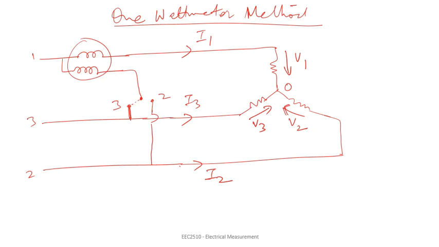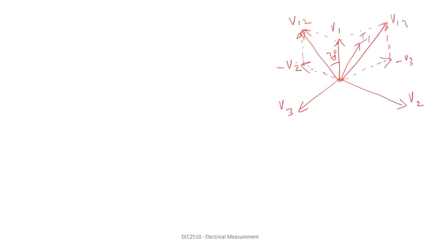Now this is the phasor diagram of the 1 wattmeter method. Again the different phase values are shown, different V and I are already shown here.